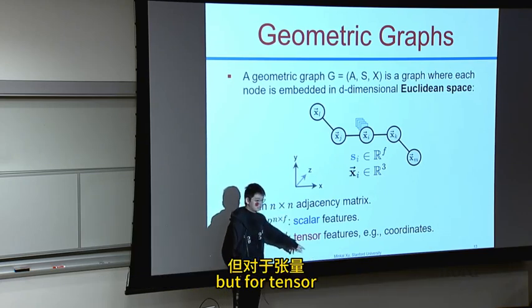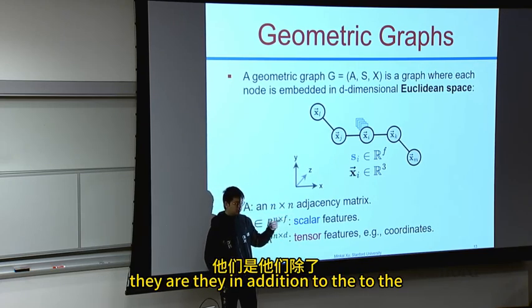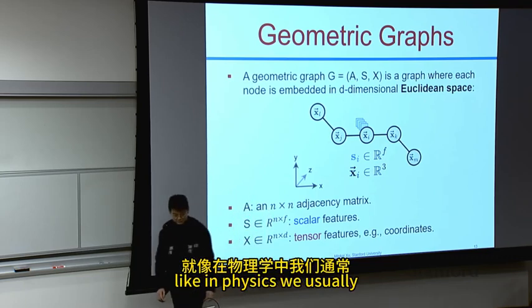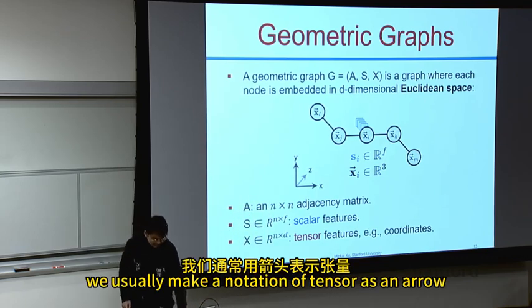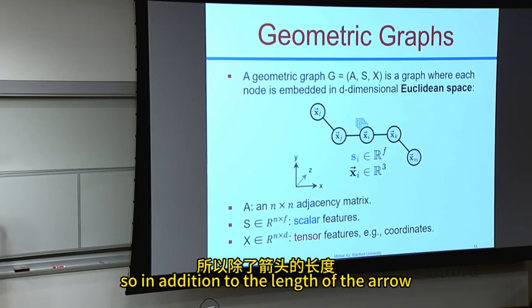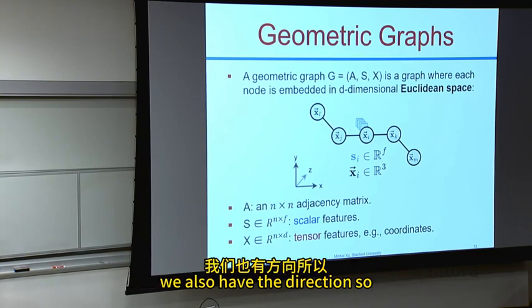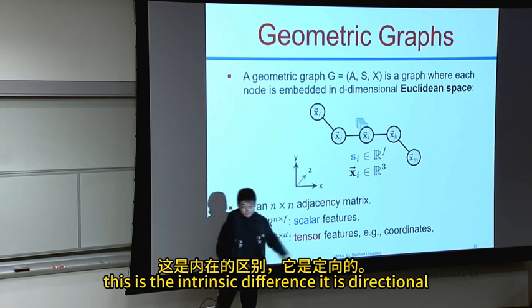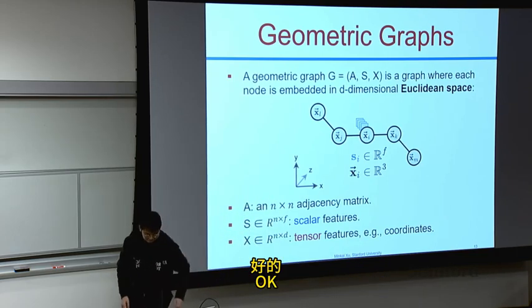But for tensors, like in physics, we usually make the notation of a tensor as an arrow. So in addition to the length of the arrow, we also have the direction. This is the intrinsic difference. It is directional.